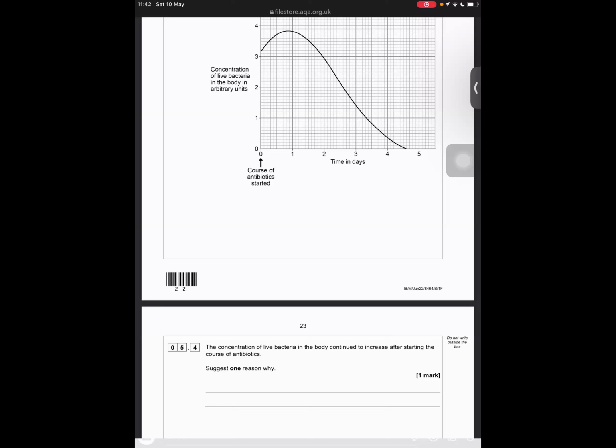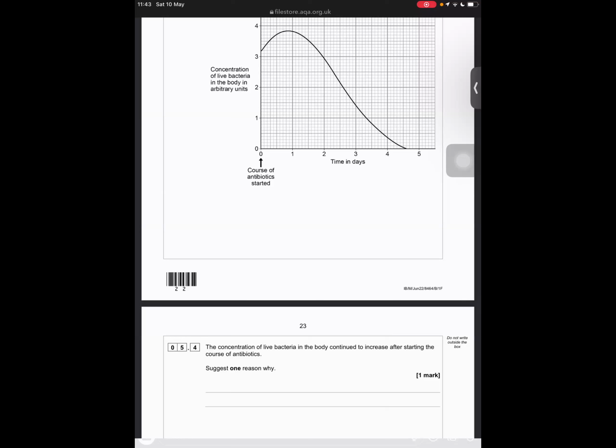The initial small quantities of antibiotics could not stop the increase of the bacteria in the child's body initially, but as time progressed, it was able to contain it. Does it make sense now? Yes.